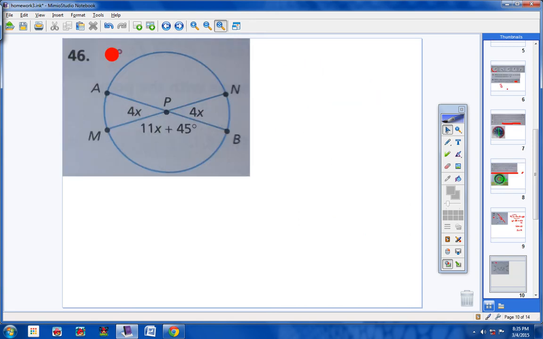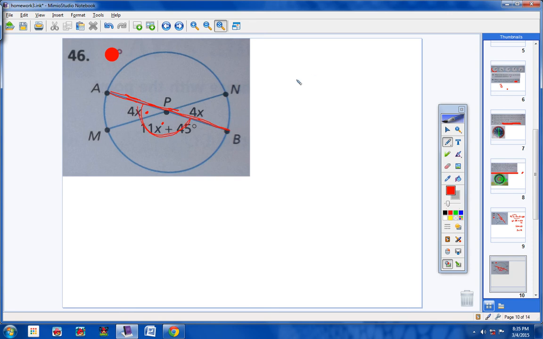Now, this one here, students, it doesn't matter if you go with this diameter here and use these two angles, or if you go with this diameter here and use these two angles here. It really and truly doesn't matter. I'm just going to go with this diameter here. So these two angles here have to add up to 180.